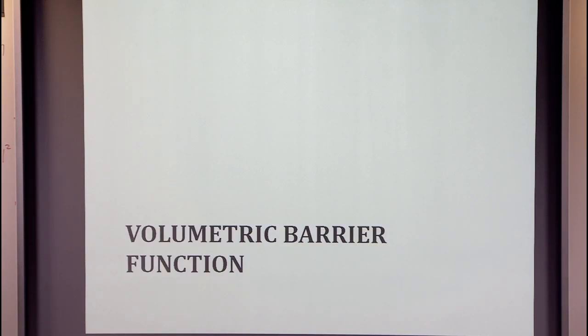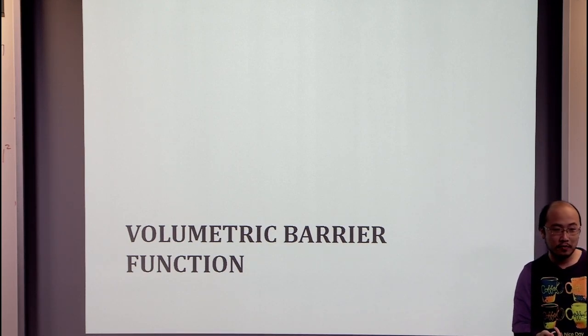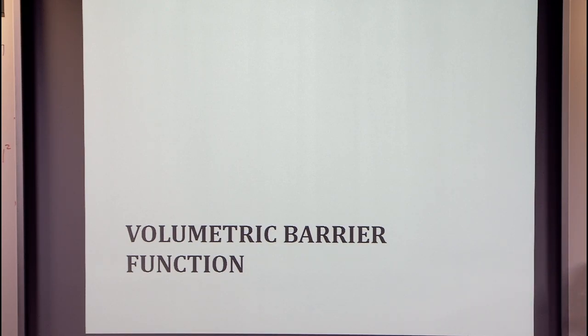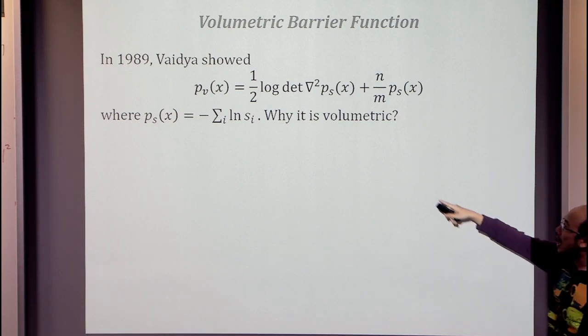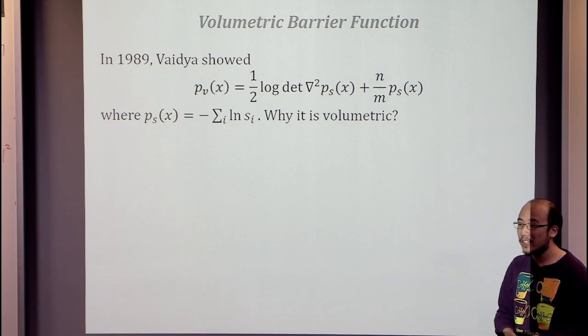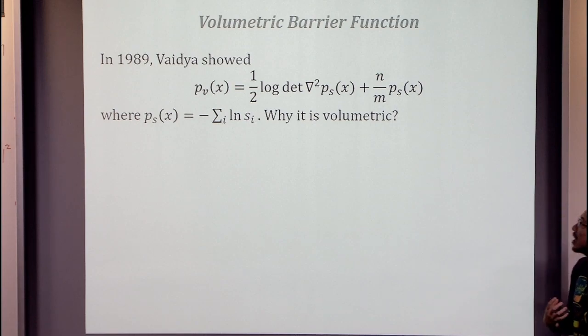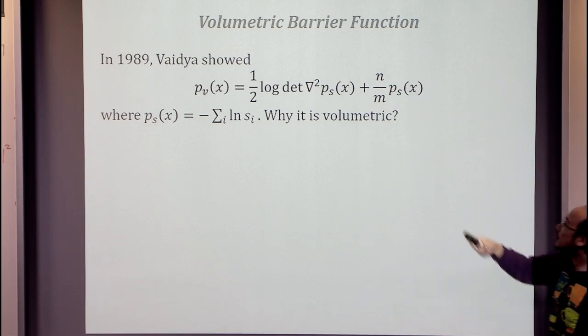Our result is inspired by the volumetric barrier function defined by Vaidya. The volumetric barrier function looks like this. The P_s is the standard log barrier function. Now you start with the standard log barrier function, then you take the Hessian.